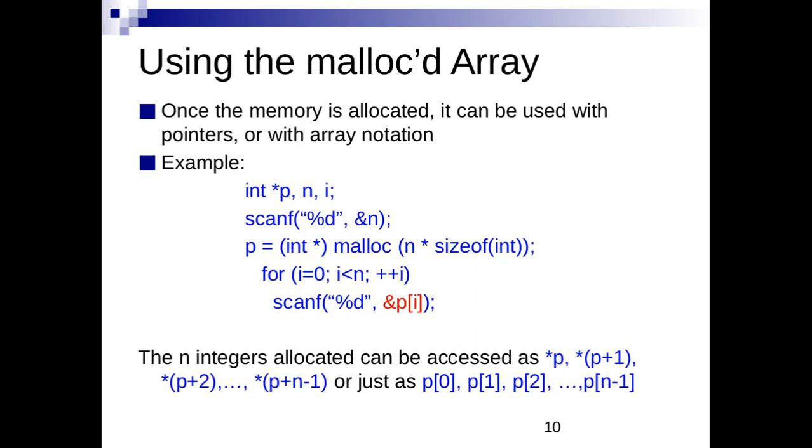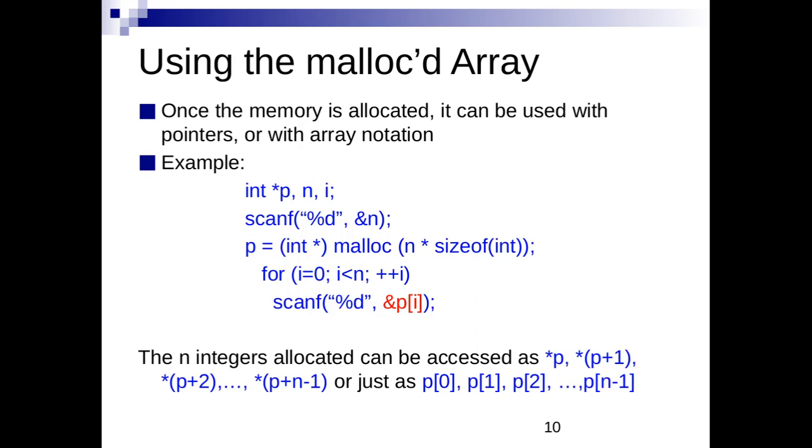For instance, here p is an integer pointer, integer n is read through the keyboard, and then size sufficient to store n integers is allocated using malloc, and the pointer to the base address, the first byte of this block, after suitable typecast is assigned to p.